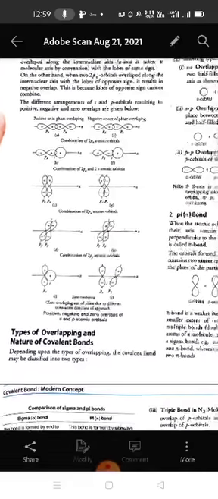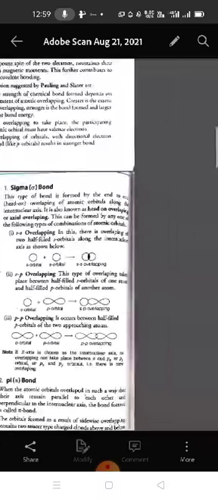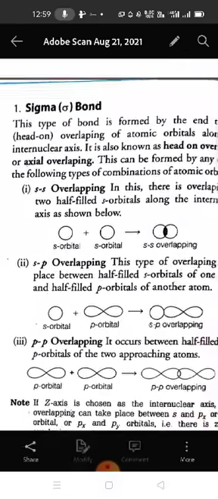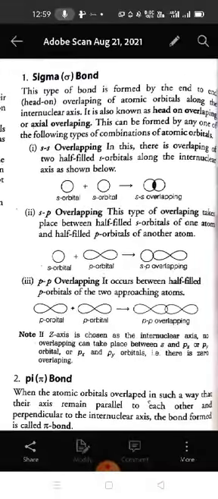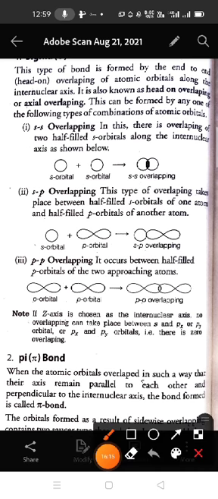Now types of overlapping and nature of the covalent bonds. First one is the sigma bond. This type of bond is formed by end to end or head to head overlapping. Okay, head to head, or you can say axial overlapping. So there are three possible overlappings.